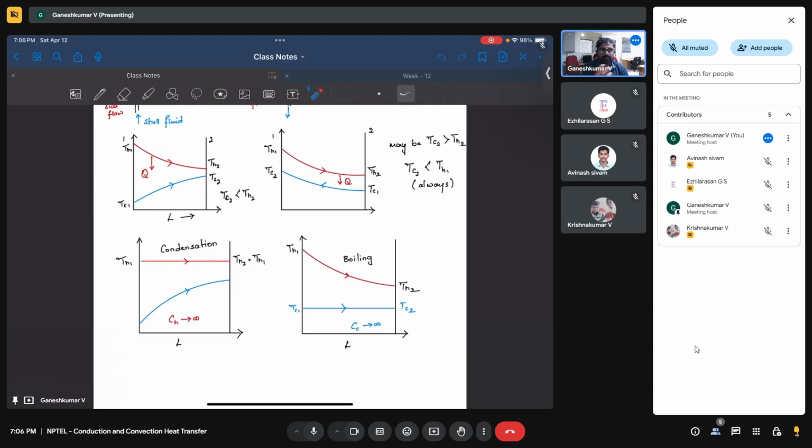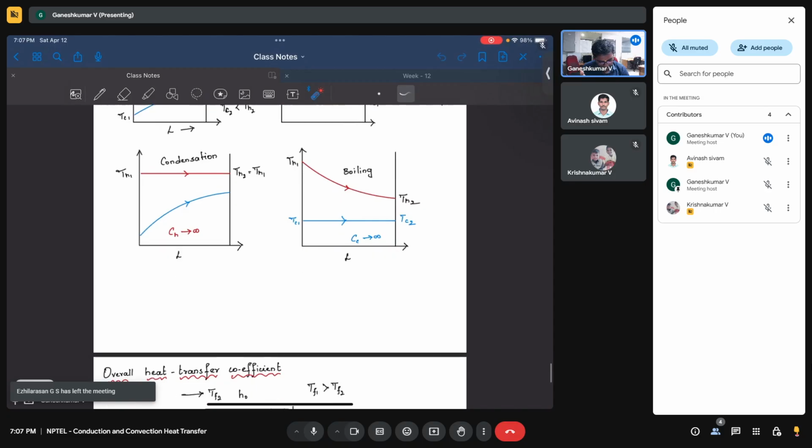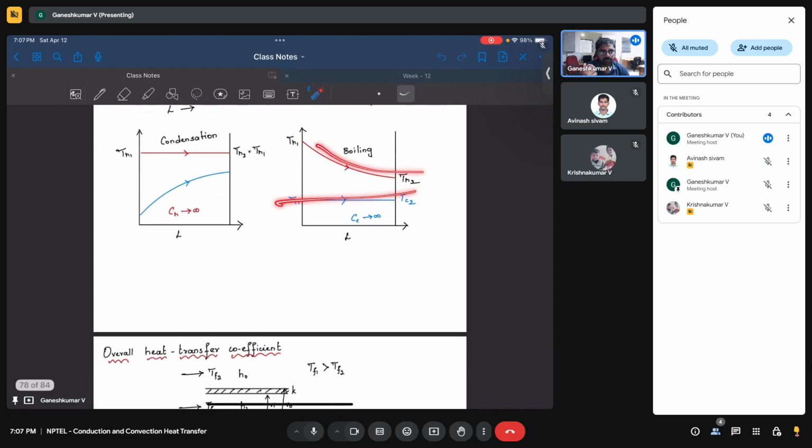During boiling or condensation, the temperature is not going to change, so you will have a straight line for the fluid undergoing phase change. For that fluid, you can take C to be infinite, because the temperature doesn't change.